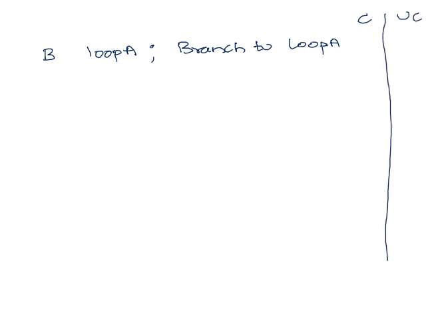I may write B loopA. It stands for branch to loopA. It is an unconditional branch instruction.